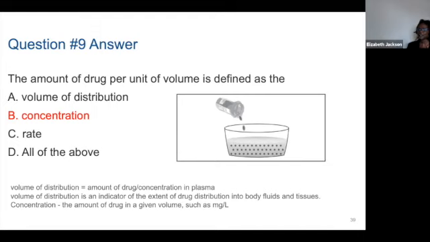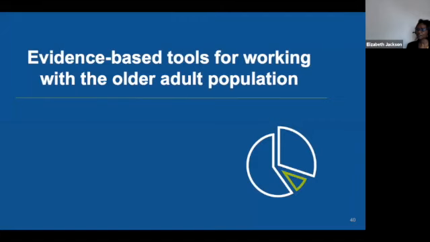And volume of distribution is also an indicator of the extent of drug distribution into the body, fluids, and tissues. Concentration is simply the amount of drug in a given volume, such as milligram per liter. Going on to the next slide, please.